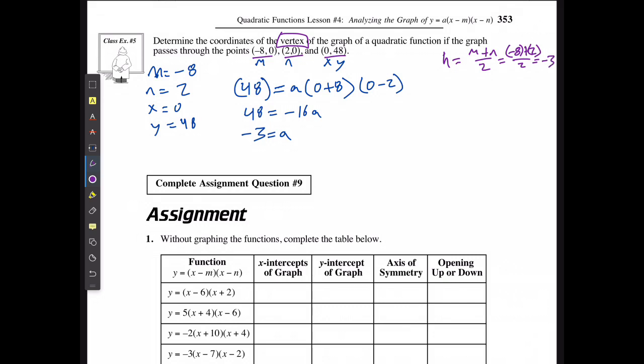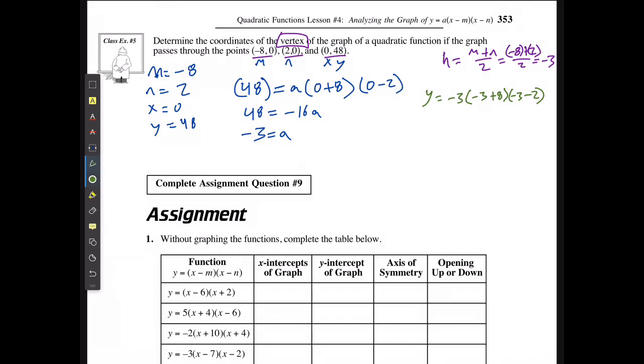I can solve for my k, because my k is going to be my y value at the vertex. And I'm going to say that y is equal to -3 is where a goes, bracket. My h value is -3 plus 8, and -3 minus 2.